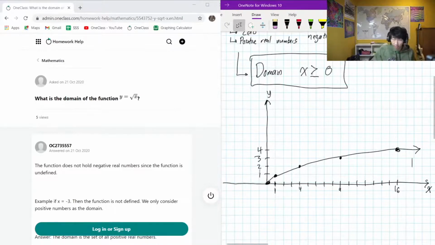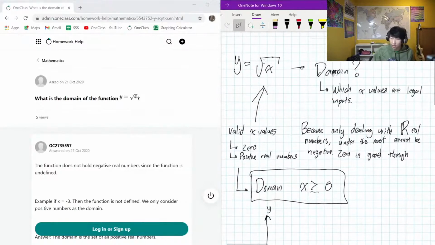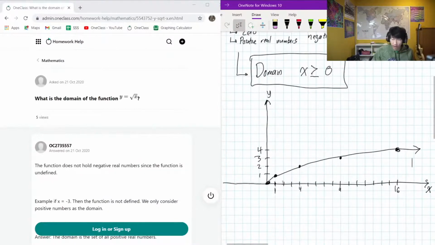But you know, the moment that we even try to cross the y-axis into the negative world, sitting on the border, sitting on 0, that's perfectly fine. But once we enter the negative world, we can't. It ain't gonna work out, chief. We cannot take the square root of a negative number. So a domain that says x has to be greater than or equal to 0 is going to look like this.